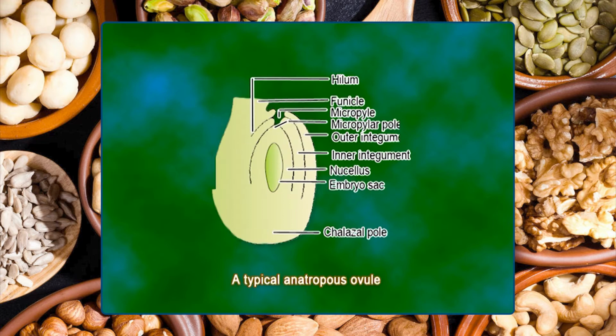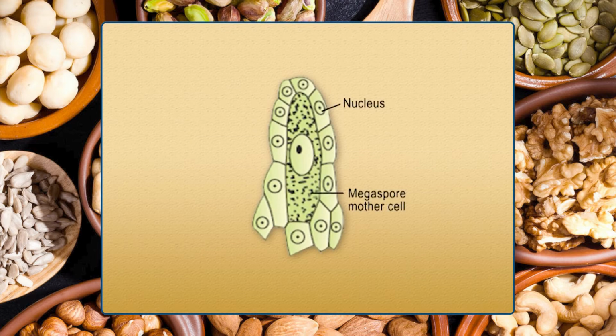Arising from the placenta are the megasporangia, commonly called ovules. An ovule consists of the nucellus, which contains the embryo sac surrounded by the integuments. Ovules generally differentiate a single megaspore mother cell, that's MMC, in the micropylar region of the nucellus.